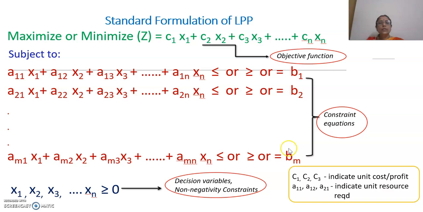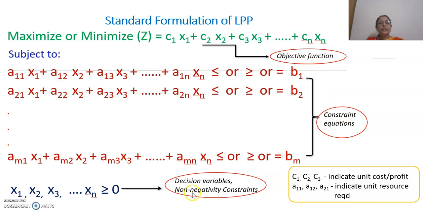In this equation, b1, b2 etc. up to bm indicate the available resources or required resources for the problem. And a11, a12 etc. up to a1n and amn indicate the unit resources required for each of the decision variables. So these equations are indicated as constraint equations.